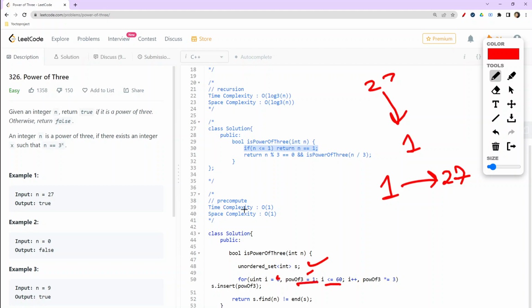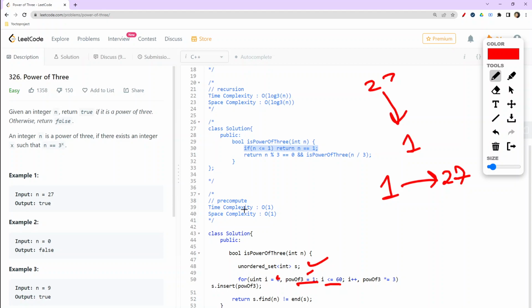I'd already explained the reason why I took 60, so that I could get 31 as the exponent, because as I calculated, when I calculate 3 raised to power 31, I got something with 28 as the exponent.